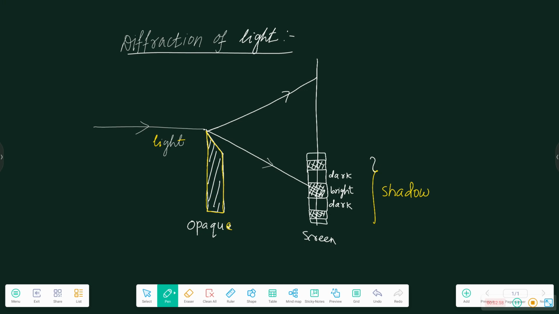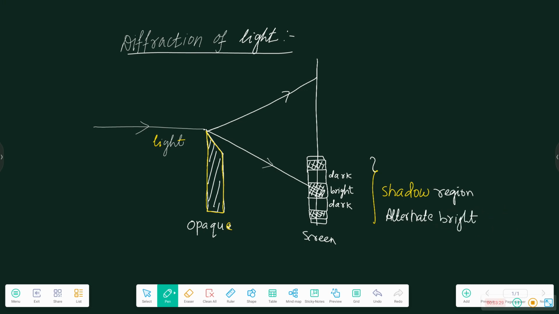So on the screen, in the shadow region we observe some alternate dark and bright fringes, dark and bright spots, or bright and dark, whatever you want to tell.